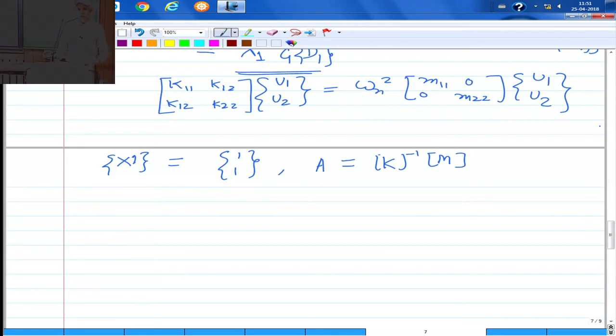Finally you will have to see that the vector converges to a particular vector, so some convergence check has to be done, and you keep on multiplying. You construct x2, x3, x4, and at the end you get a vector which, if your A is K inverse into M, would be corresponding to the smallest value of omega n.